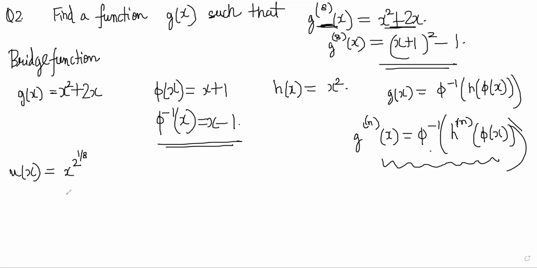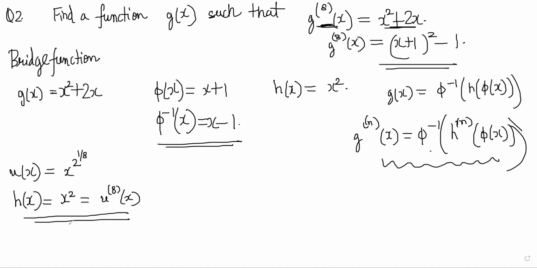Then you can say that h of x is equal to h of x is equal to x square can be written as u of 8 of x, right?